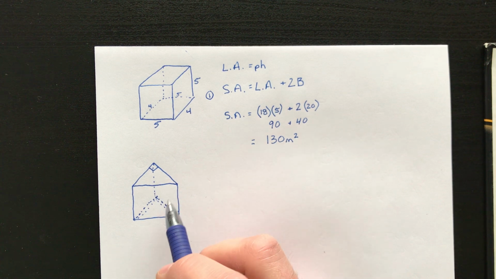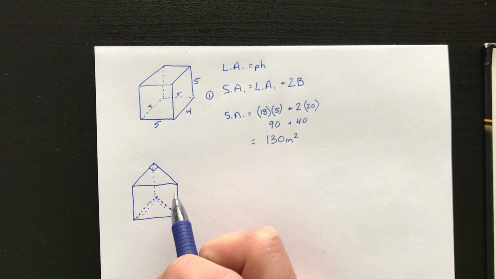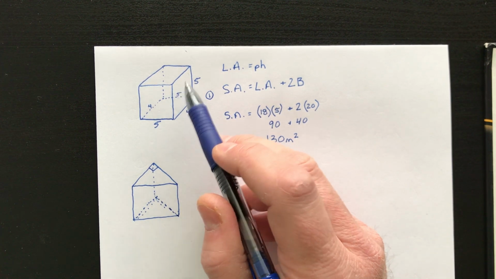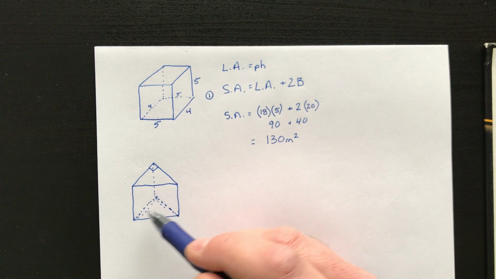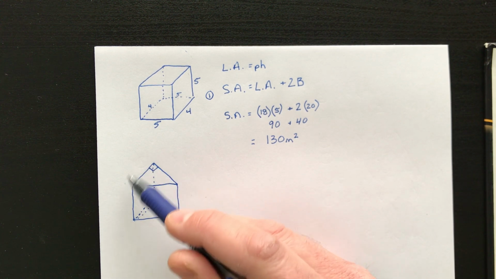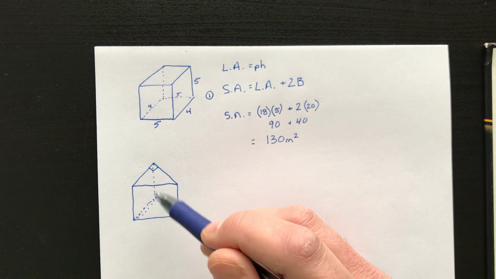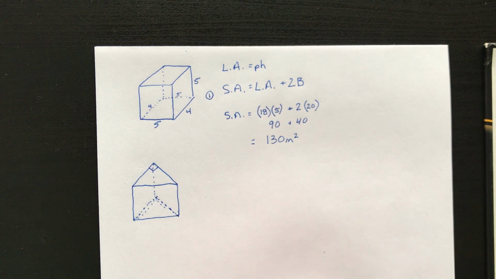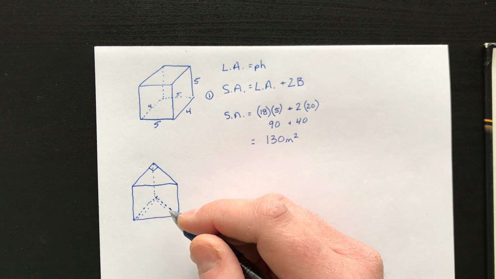Now, my lateral faces, once again, with any prism, whether it's a triangular prism, a rectangular prism, a pentagonal prism, an octagonal prism, anything, your lateral faces will always be rectangles going around this thing. And then the bases are just whatever it's called, triangles, pentagons.